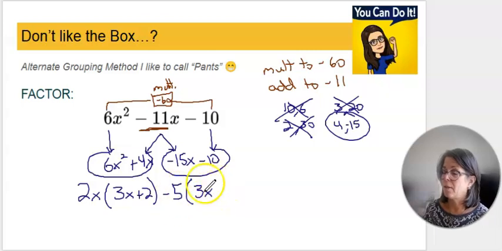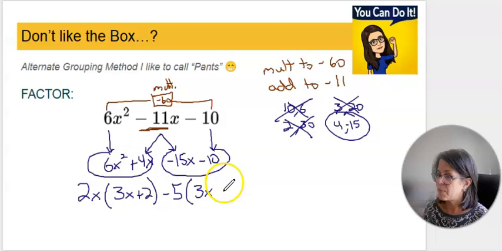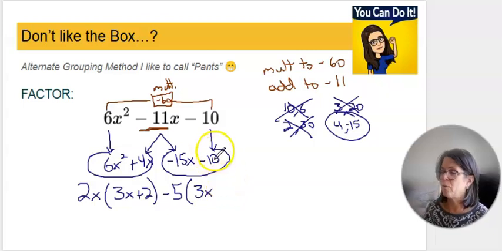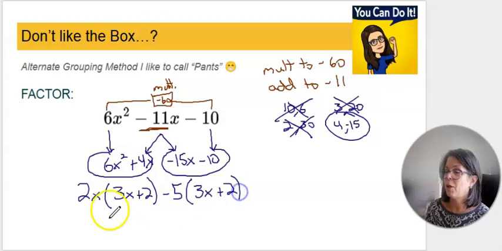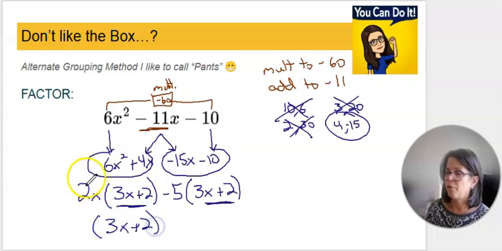Now here, negative times a positive will make it negative 10. So I need positive 2. Negative 5 times positive 2 is negative 10. Look at what happened. I have a GCF that's an entire expression. It goes in front, and what's left goes in the other set of parentheses.